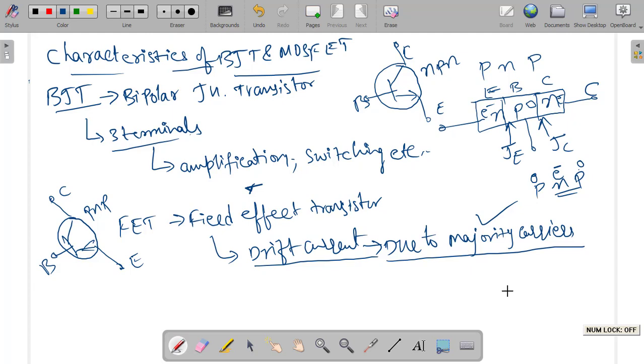A PN junction formed by emitter and base is the emitter junction, JE, and the PN junction formed by collector and base is called your collector junction, JC. This is the basic thing about your BJT.